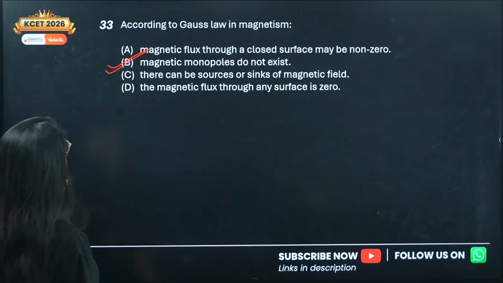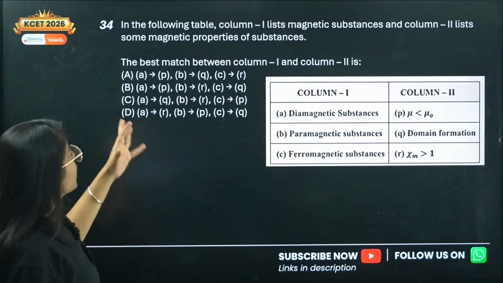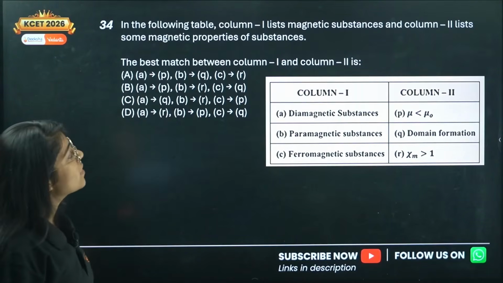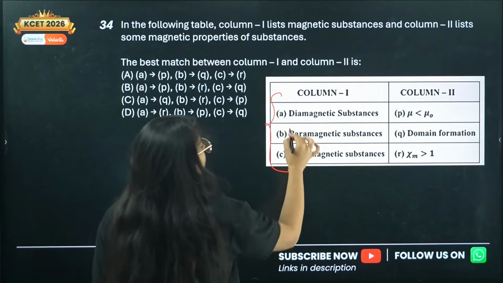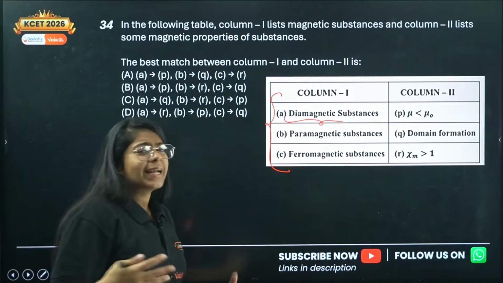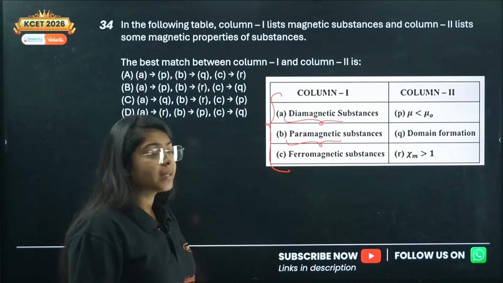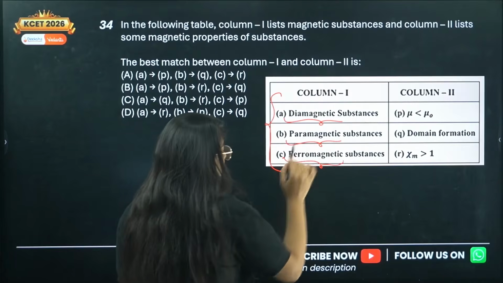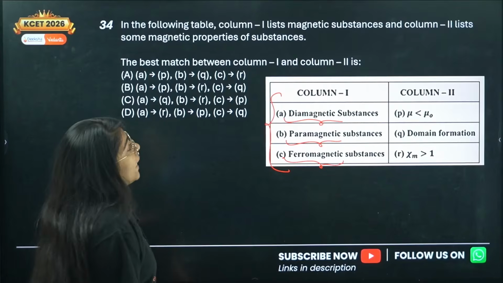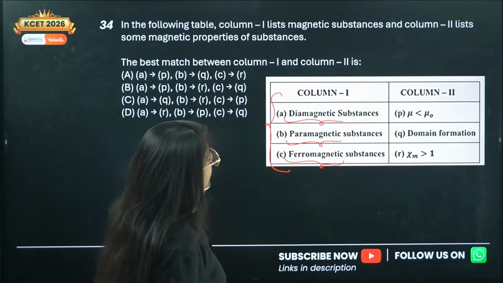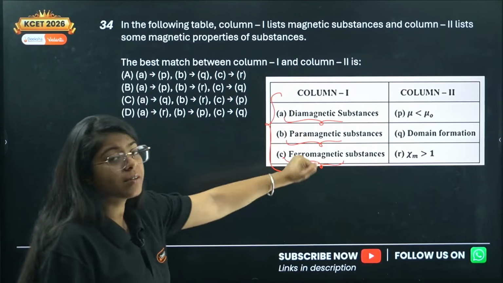Okay. 34th question is again a matching kind of question. In the following table, column 1 lists magnetic substances. Dia, which slightly repels the magnetic field. Para, which is weakly attracted by the magnetic field. Ferro, which is strongly attracted by the magnetic field. Column 2 has the permeability, then domain formation, and then a relation of susceptibility.